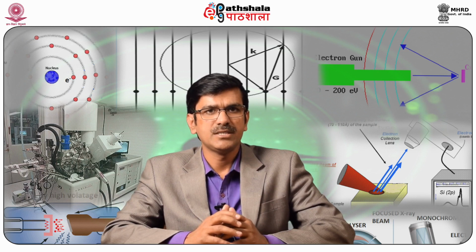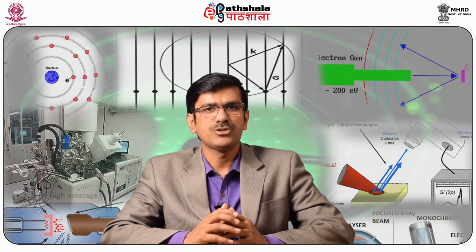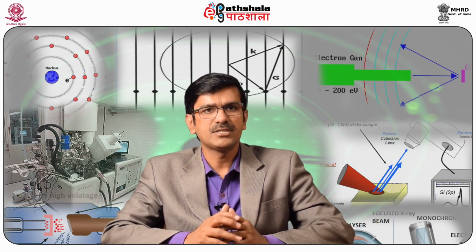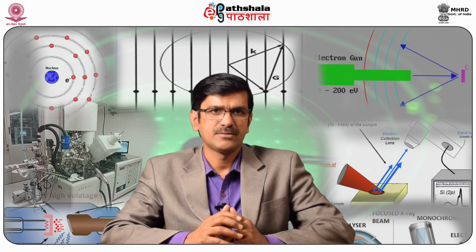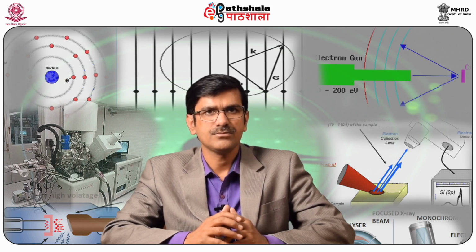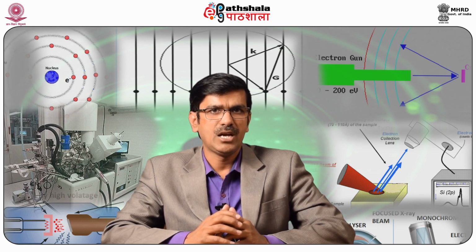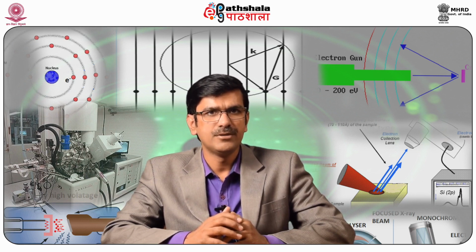It maximizes the collection angle to ensure high transmission and sensitivity. It retards the electrons prior to their injection into the analyzer. It determines and controls the area of the sample from which electrons are collected, allowing small area XPS measurements to be made.